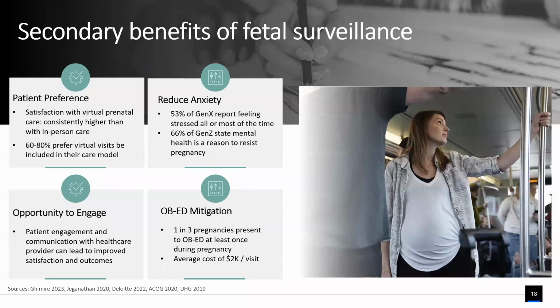We know that patients have shown a preference in many situations for virtual prenatal care. They score it higher in many studies when they have a virtual or hybrid option, and a majority of patients prefer that, in fact. We know that anxiety is a significant problem in the Gen X and Gen Z patient populations. In fact, some reports have shown a resistance to even considering pregnancy based on mental health and anxiety.